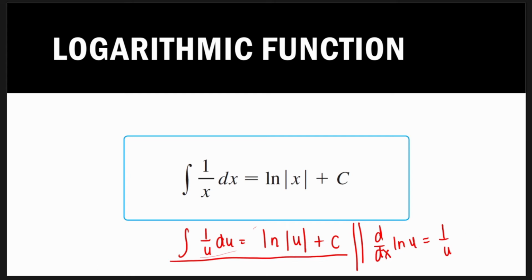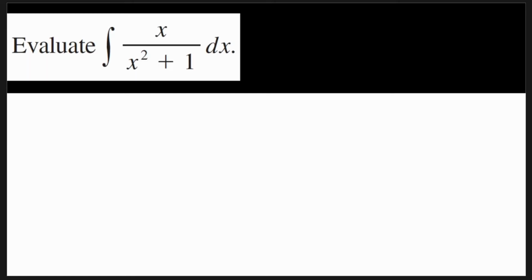Okay, so let's have an example here. How about this? We have to evaluate the integral of x all over x squared plus 1 dx.